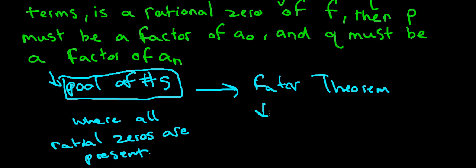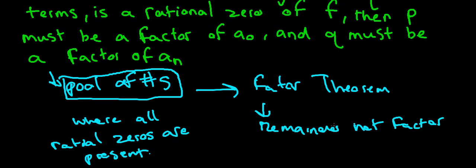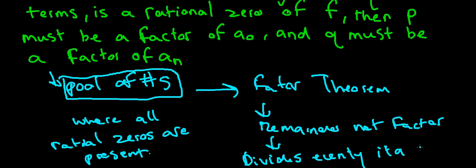If we get a remainder, it's not a factor. If it divides evenly, it's a factor.